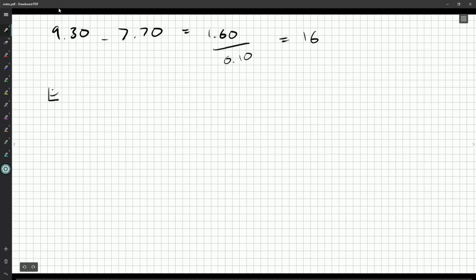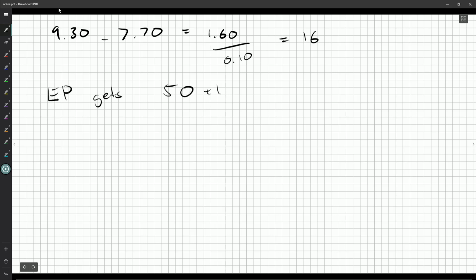Well, we'll take the difference: $9.30 minus $7.70 is $1.60. Divide that by 10 cents and we get 16. So 16 more customers will go to Aaron's Pizza.